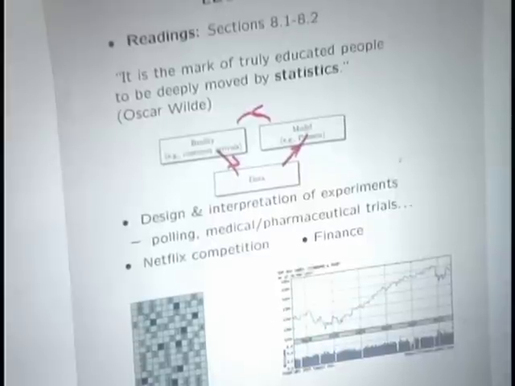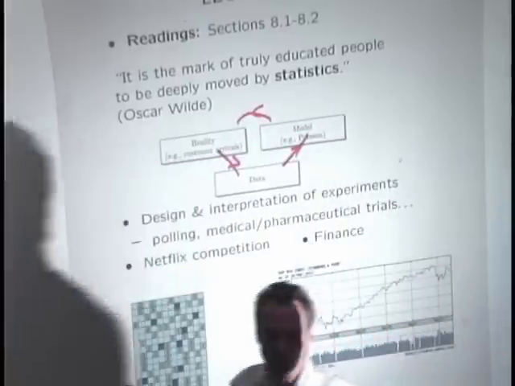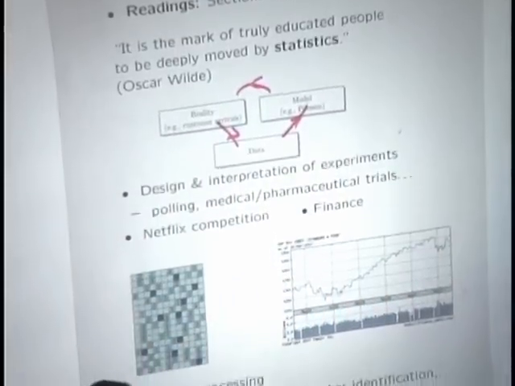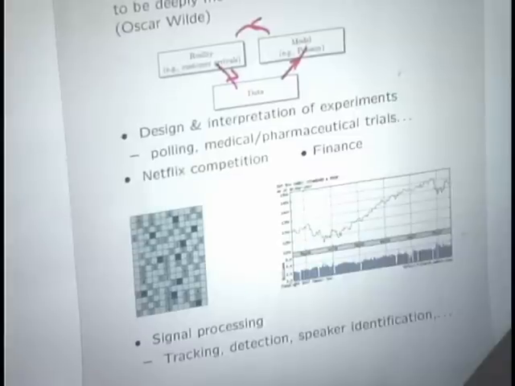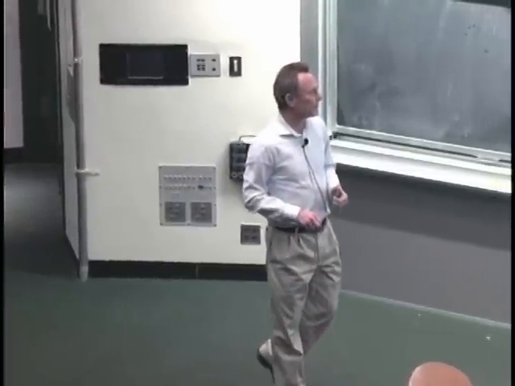Now, this field is, of course, tremendously useful, and it shows up pretty much everywhere. So we talked about the polling example in the last couple of lectures. This is, of course, a real application. You sample, and on the basis of the sample that you have, you try to make some inferences about, let's say, the preferences in a given population.